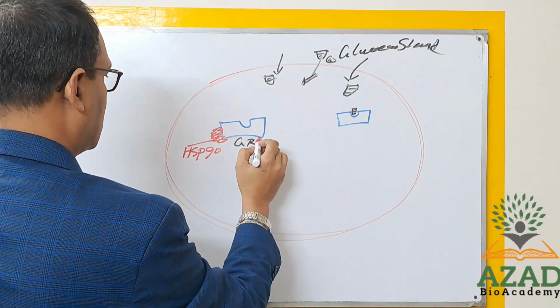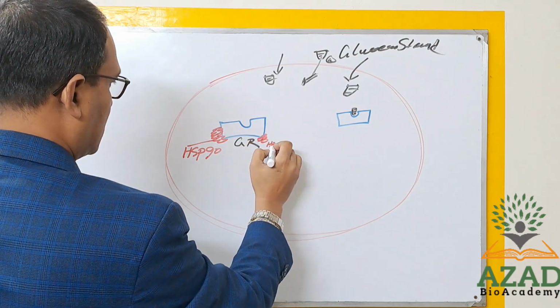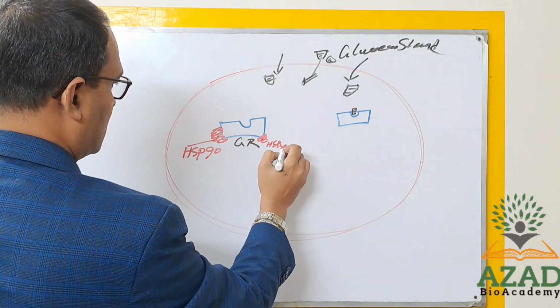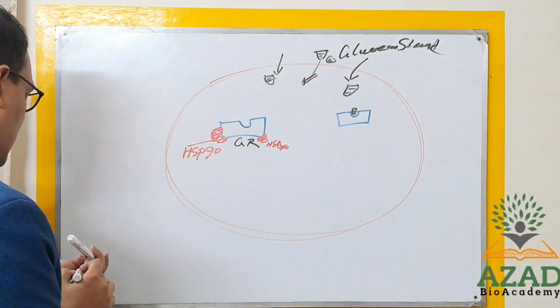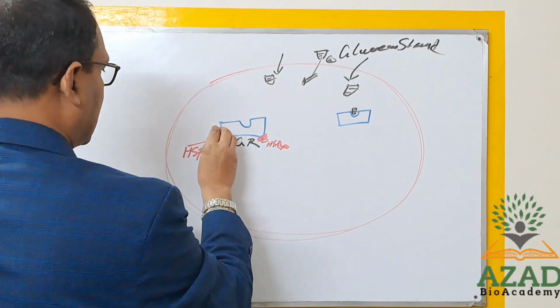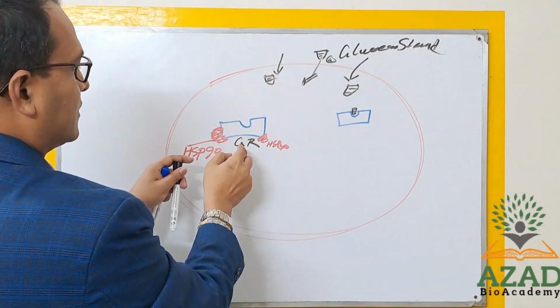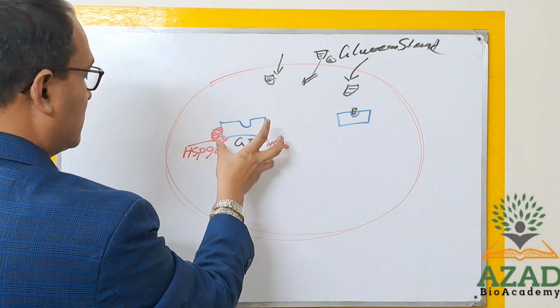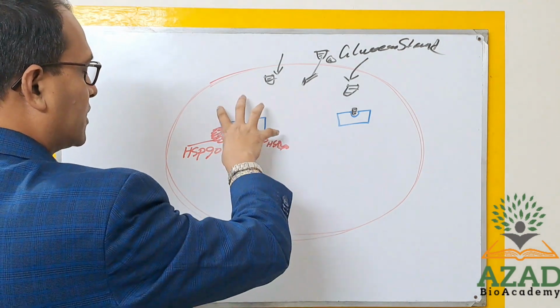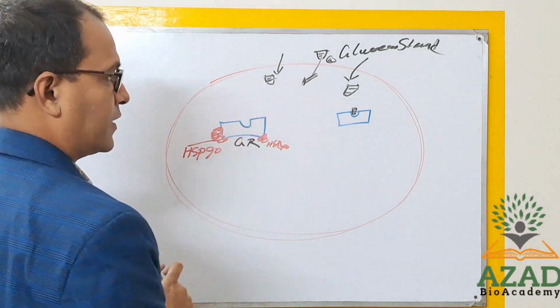Also, it may have HSP70, but mostly HSP90 is functioning here. So without binding, that means before binding, the glucocorticosteroid hormone receptor is present within the cytosol, that is cytoplasm. So it's now in free state.